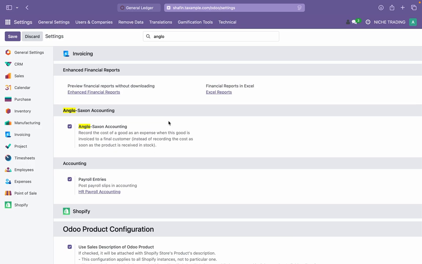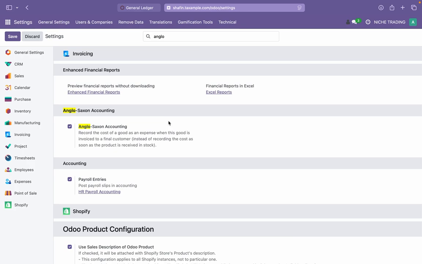But for Anglo-Saxon accounting, the system will wait until a portion of the item is sold, like stock is out for delivery, adjusted with a specific sales order. Say within these 1000 items, we just sold 200 items to a customer, right?